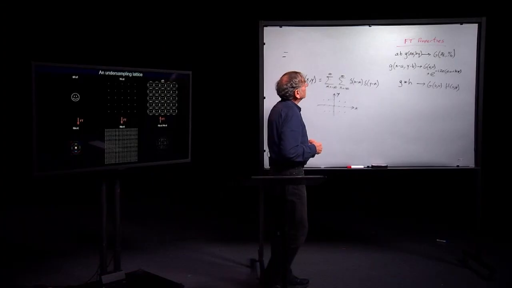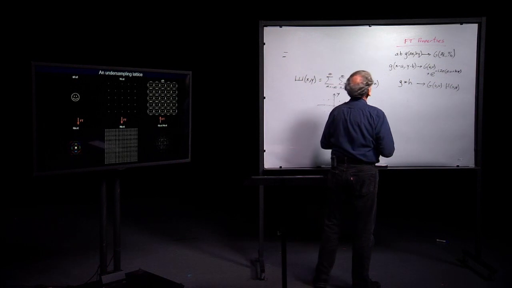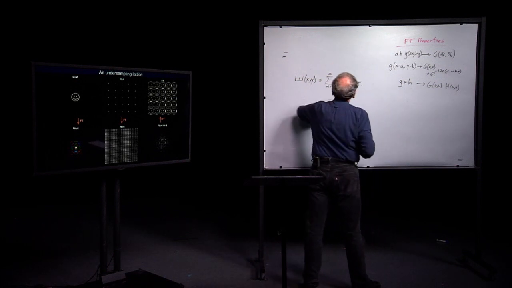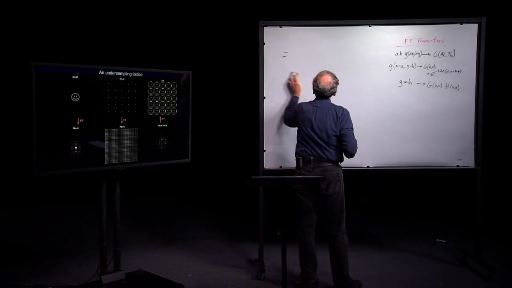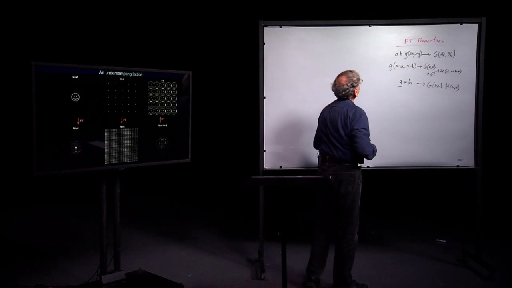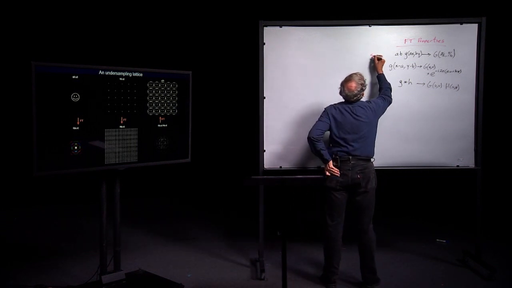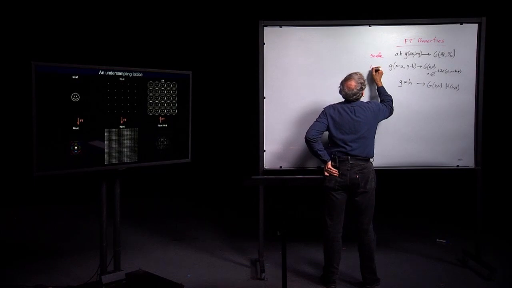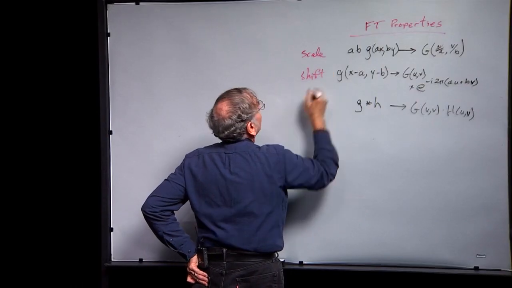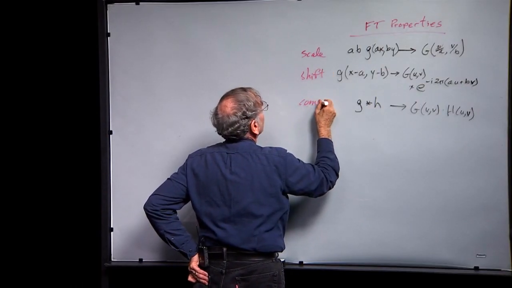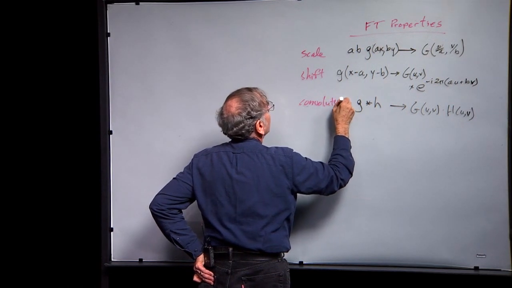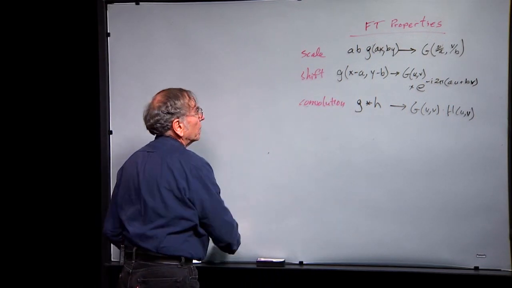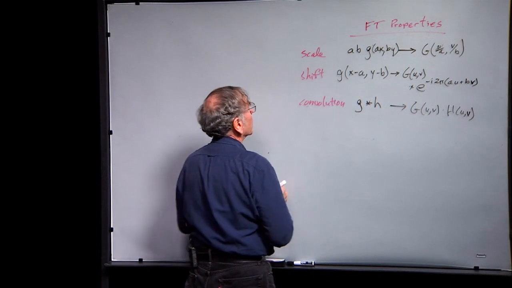Okay, so I'll put down the names of these properties. We're going to have a couple new properties that I think you'll really like. This is scale. This is shift. This is convolution. Now here's another one. It's called rotation.